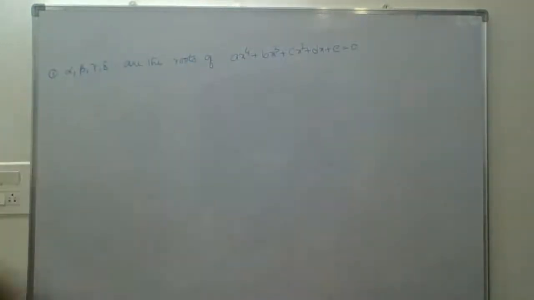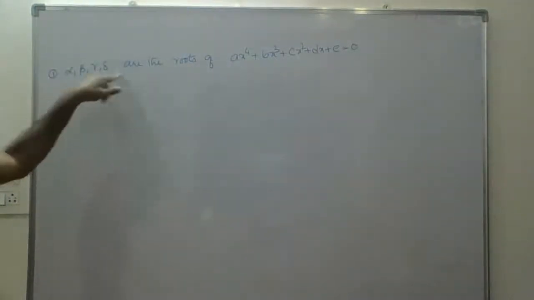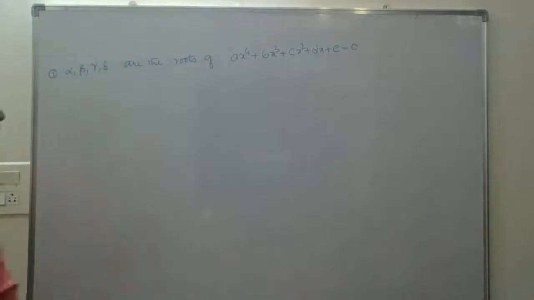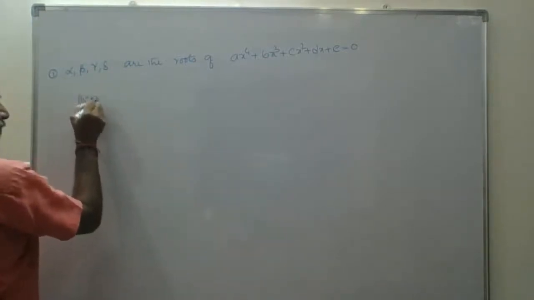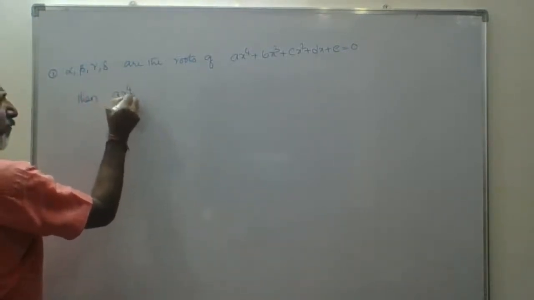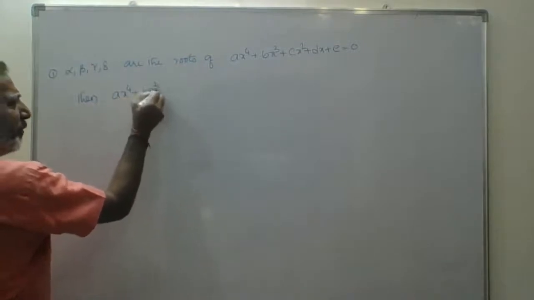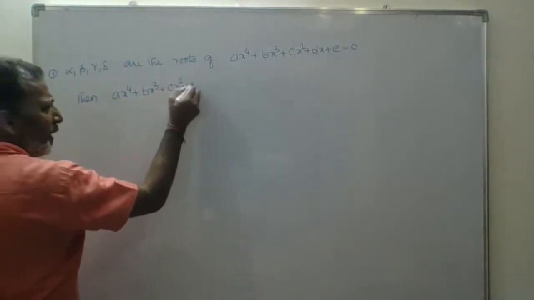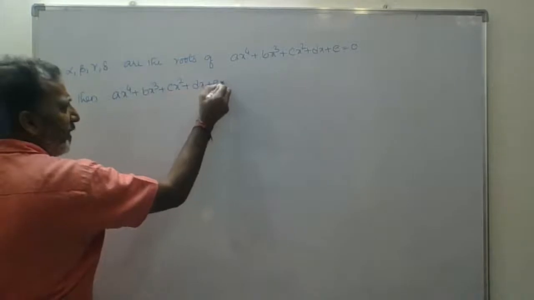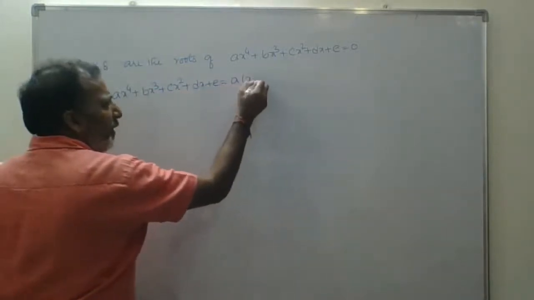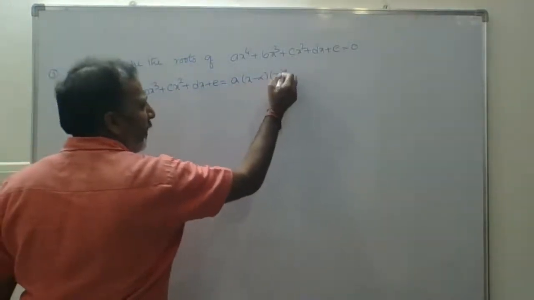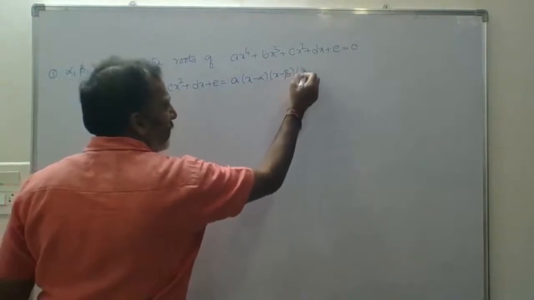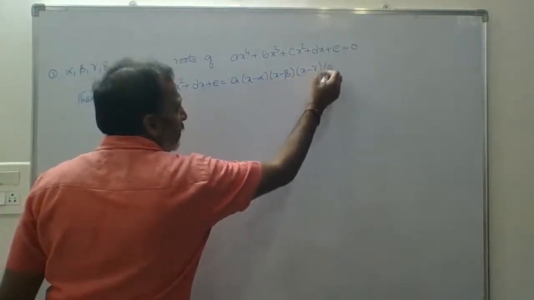It is a fourth degree equation, isn't it? How many roots does it have? 4 roots. Then ax power 4 plus bx cube plus cx square plus dx plus e is equal to a into x minus alpha into x minus beta into x minus gamma into x minus delta.